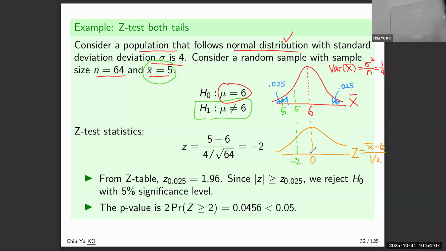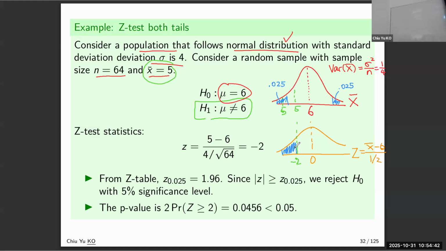So here is one tricky point about the p-value, right? The p-value is the alpha at which you just reject, right? So how do you calculate the p-value? It will be this area times 2. Okay? Because the area you are going to reject is just half of the alpha, right?